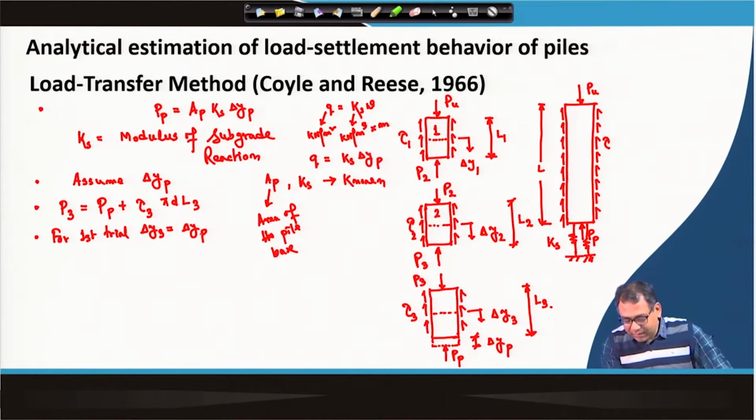Now, what is del y 3? Del y 3 is the deformation at the center of the element 3, and del y p is the tip deformation. So for the first trial we assume del y 3. Now, we will take the help of this particular curve.